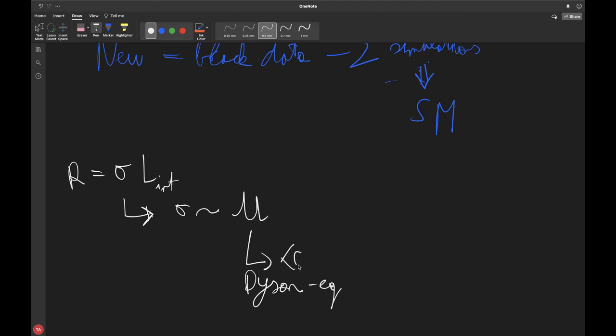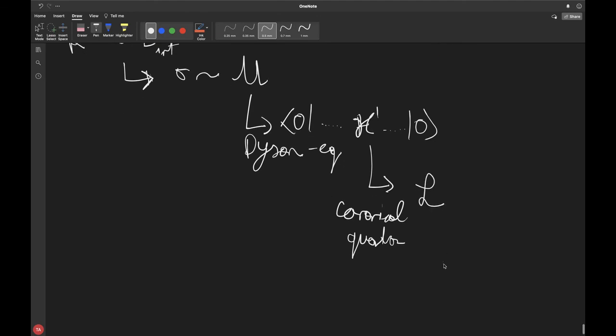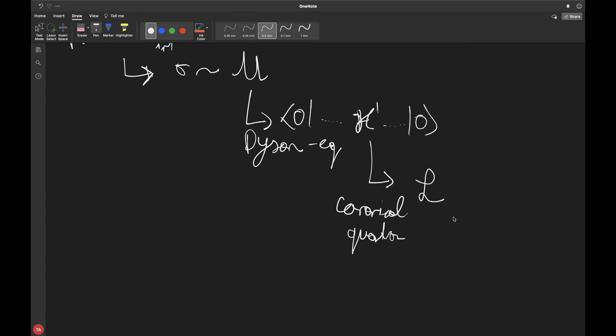So it was the 0 and things in here. And then what was the most important is that we took the interacting part of the Hamiltonian with some other parts. And then the Hamiltonian we got from the canonical quantization, which we got from the Lagrangian, and the Lagrangian comes from some symmetry considerations.